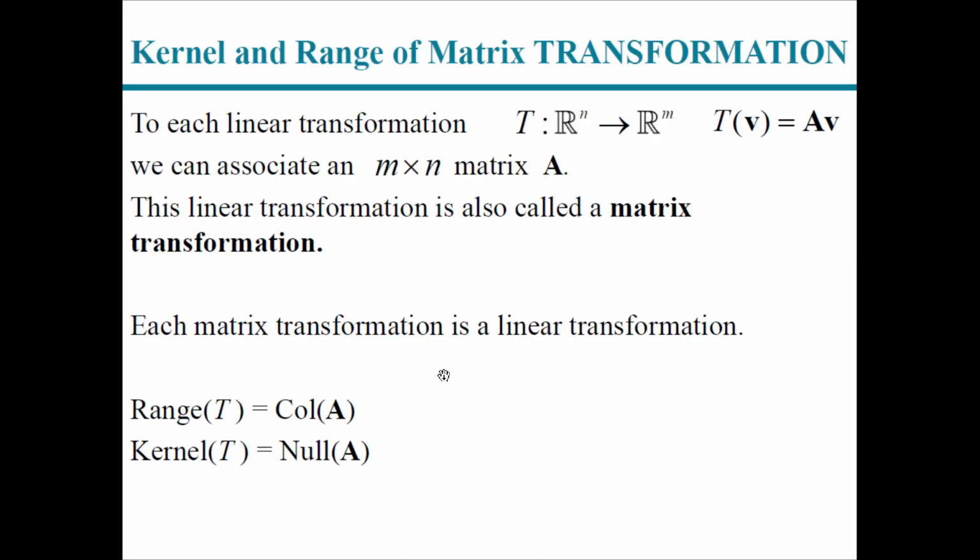Now it's going to be easy to find the range and kernel of the linear transformation. Range is just the column space of the matrix A, and kernel is the null space of the matrix A. That's a straightforward computation.